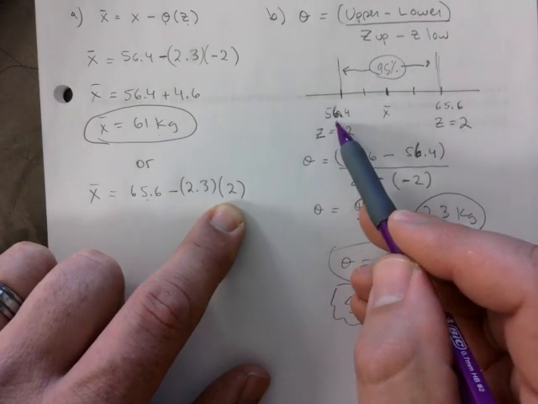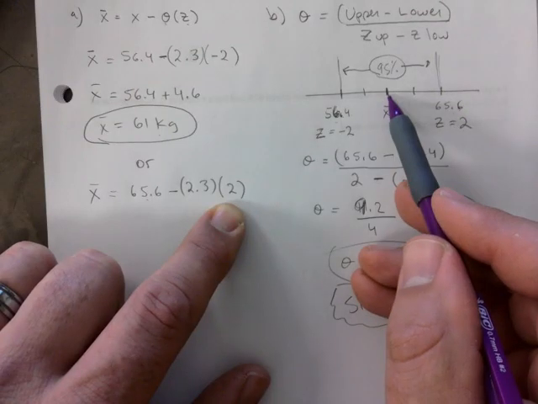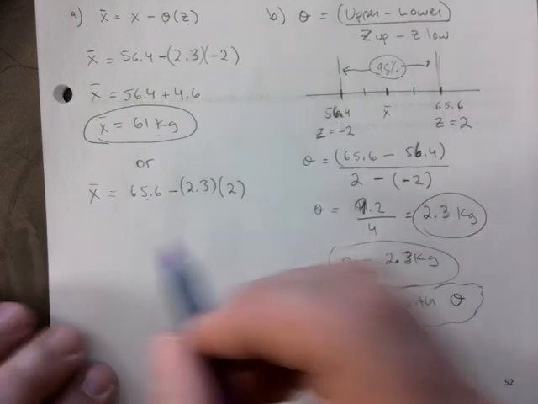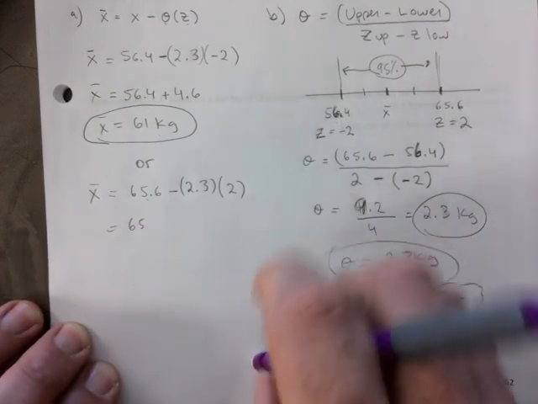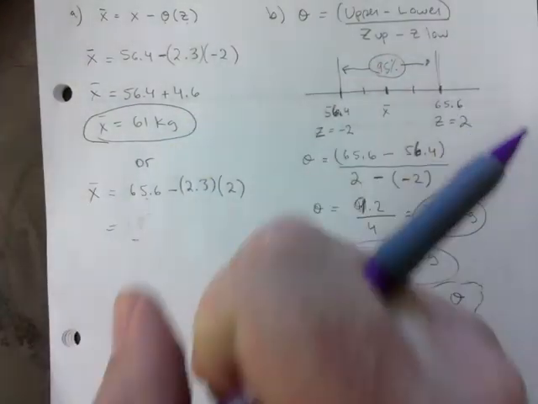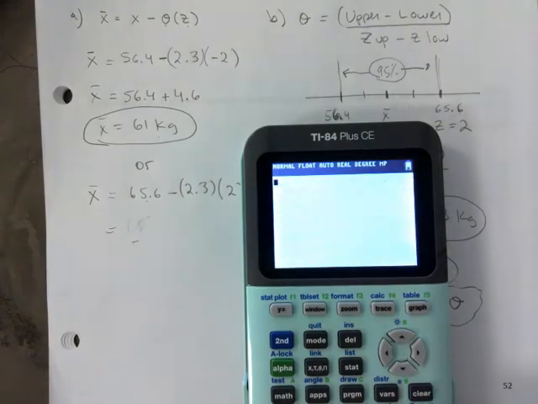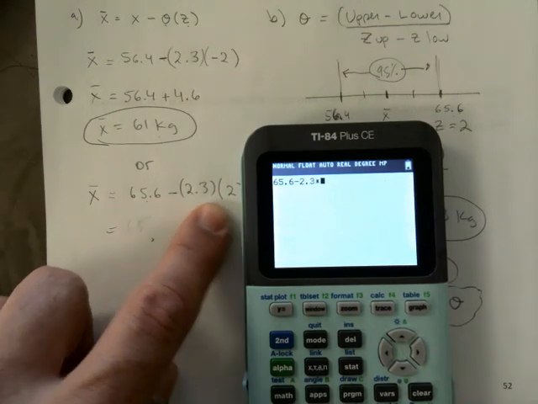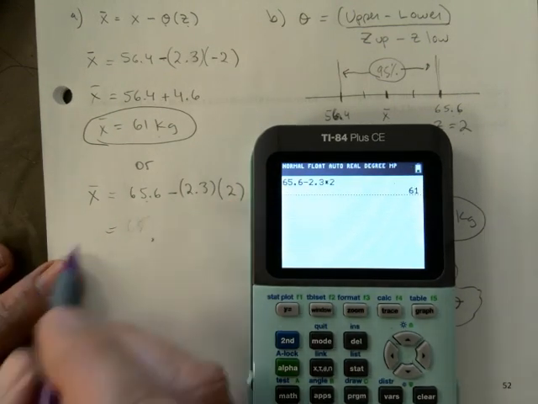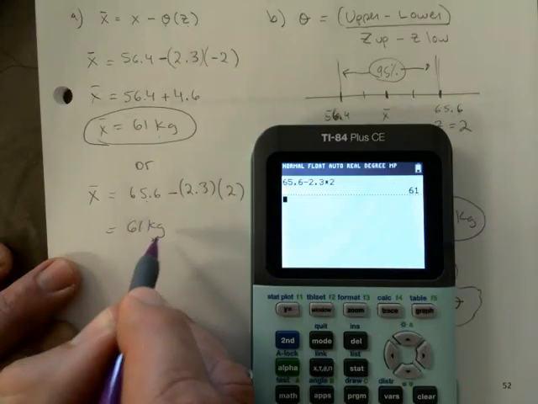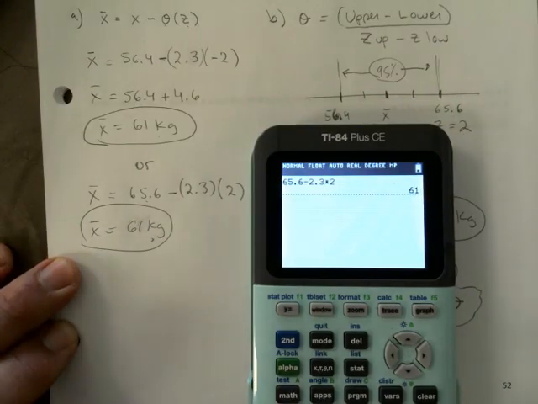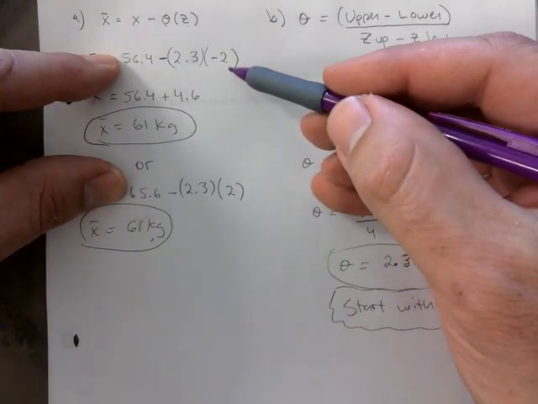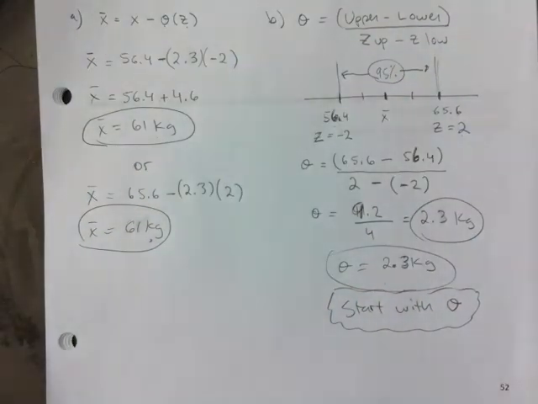That told us that these numbers we were given are between 2 standard deviations to the left and 2 to the right. You know what? Just type it in one shot if you want to do it that way. If you're wanting to do this faster, 65.6 minus 2.3 times 2, that's 61 kilograms. So you can use either value you're given. You just have to make sure you use the z-score that goes with each of the values.